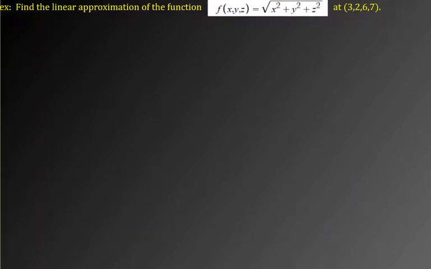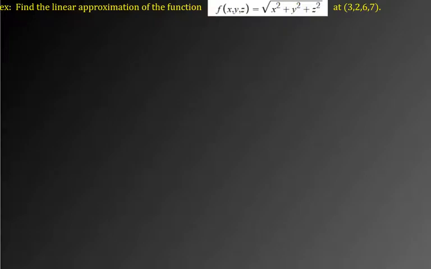So I just want to do one of those. If we were going to find the linear approximation of this function at this point, so this is a weird 4D surface, okay? A 4D point, right? And I want to know what plane basically acts the way this does at that point.